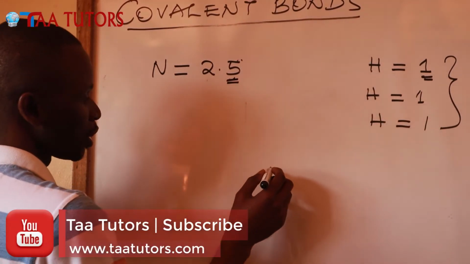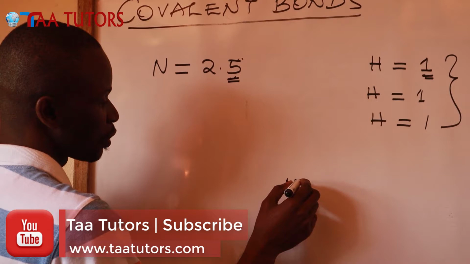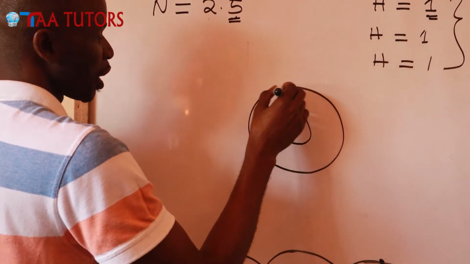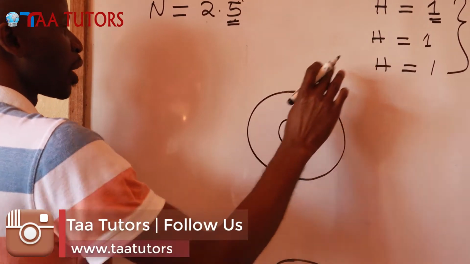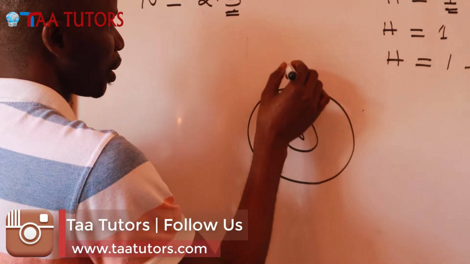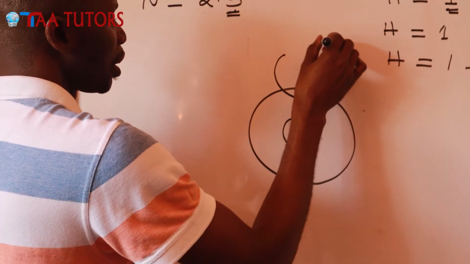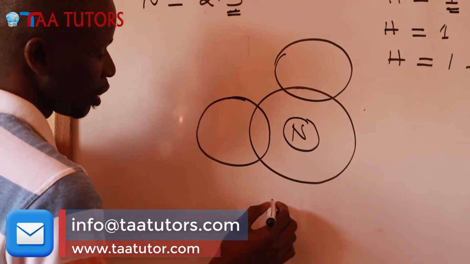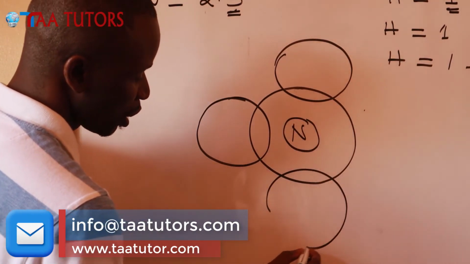So if I draw nitrogen at the center, and then I draw the outer energy shell, because I know it will need 3, I'll just indicate those 3 electrons. So those are the three atoms of hydrogen.